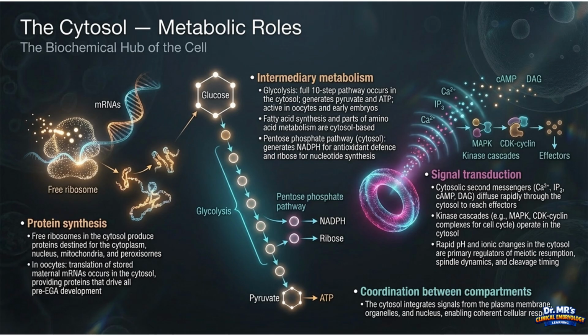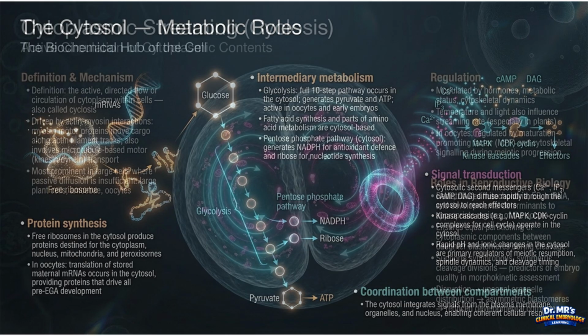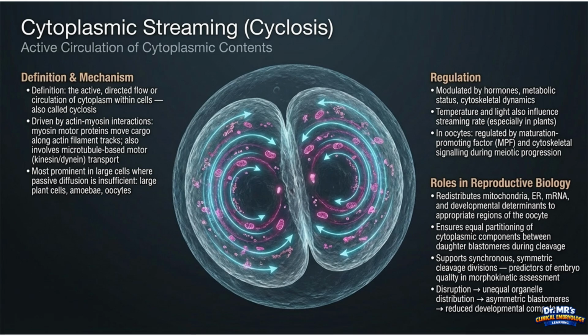From this dynamic signaling environment, let's move to a phenomenon that physically distributes all of these cytosolic components throughout the cell, cytoplasmic streaming. Imagine trying to supply a warehouse the size of a football field using only diffusion, molecules simply wandering randomly until they happen to reach their destination.